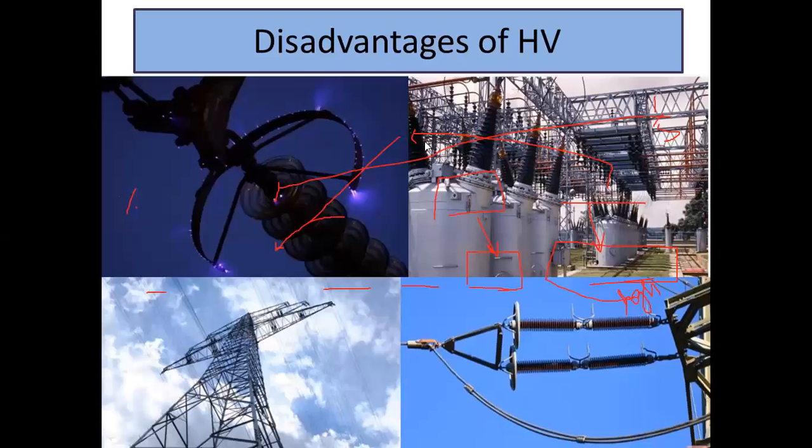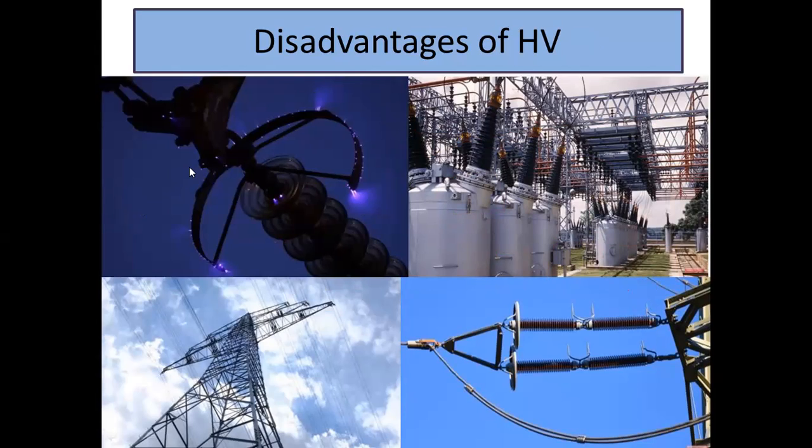Okay, but it doesn't mean that by opting for high voltage for transmission we have only advantages and no disadvantages. On the other hand, we have to handle some disadvantages by opting for high voltage, and one of these is the corona losses.